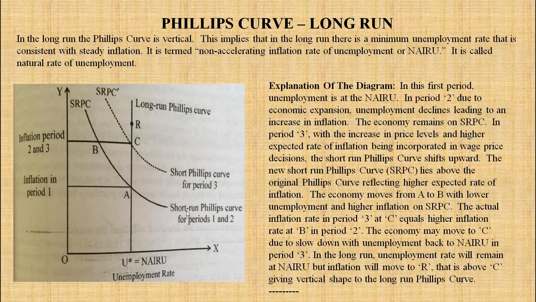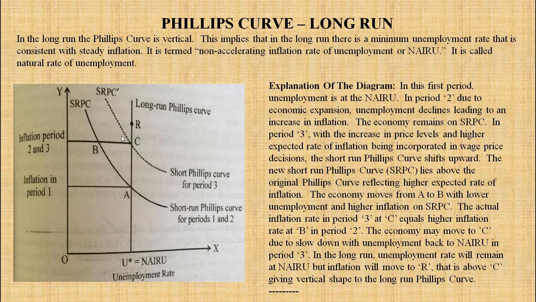In the second period, due to economic expansion, unemployment declines, leading to an increase in inflation. The economy remains on the SRPC, the short run Phillips curve.